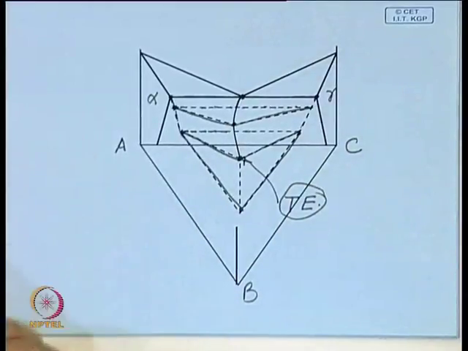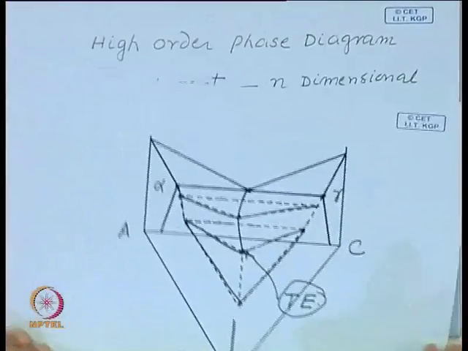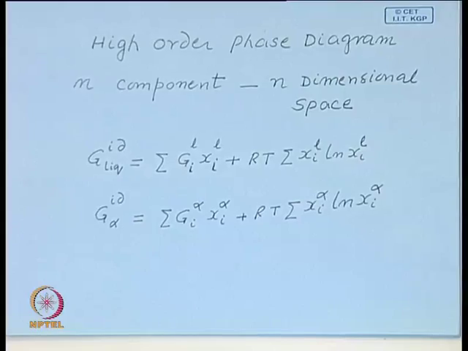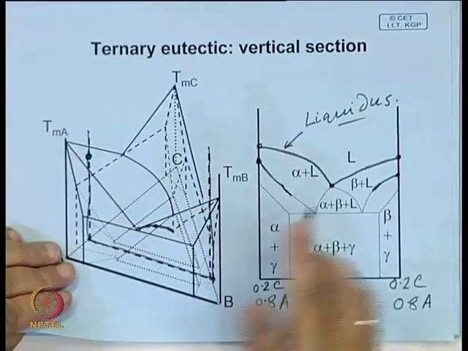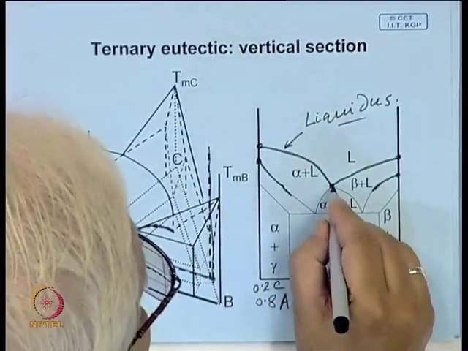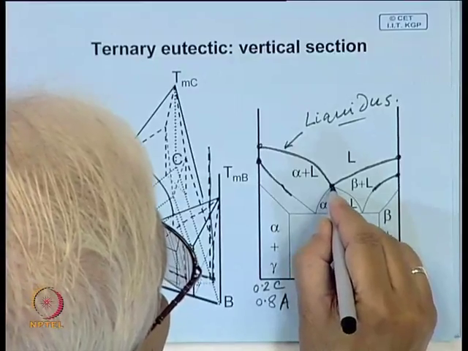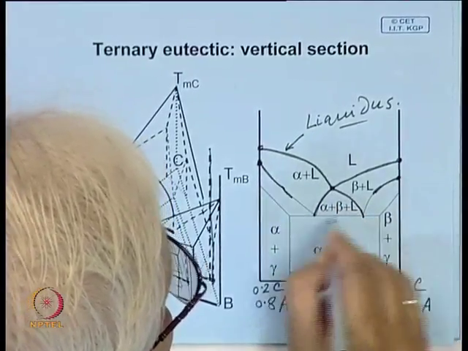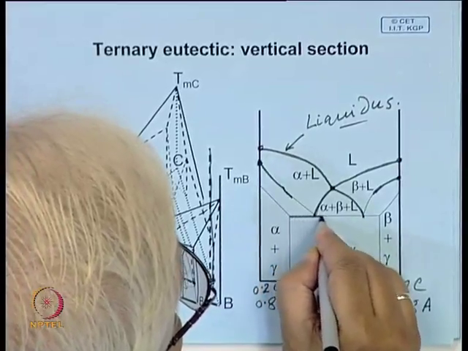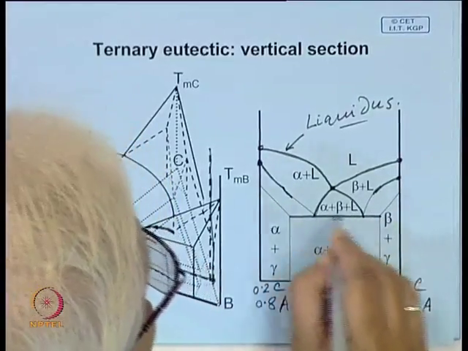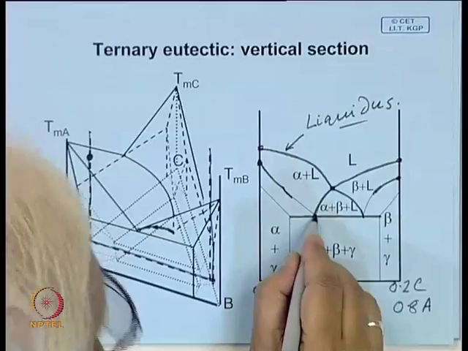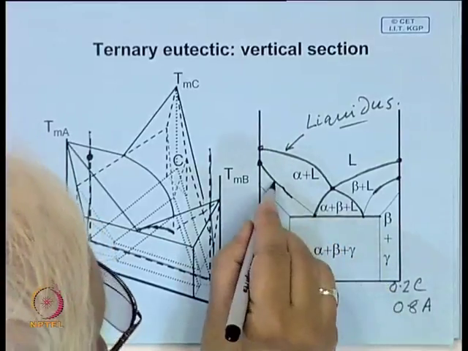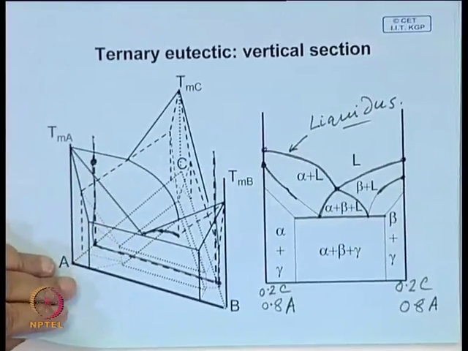So, with this we come back to this diagram. What it shows is, below this point, this is that section, and this is the ternary isotherm, and this will meet at this point.